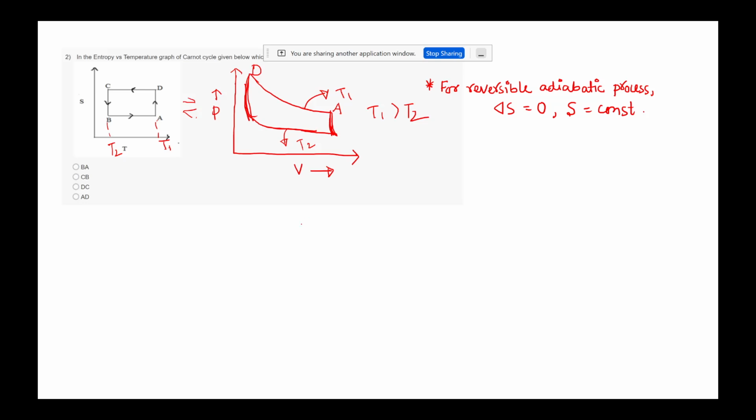So this is AD. If we get AD, then this is C, obviously, no other chance, because DC was one process, and this is B. So these are the processes.